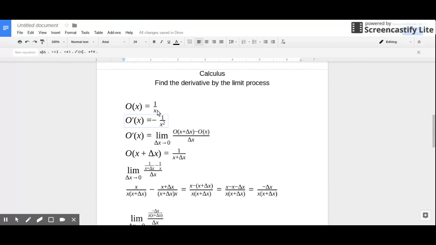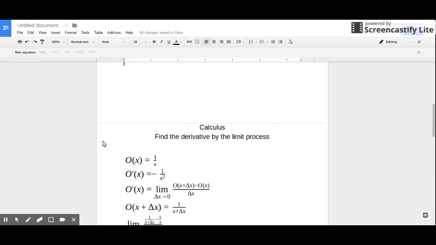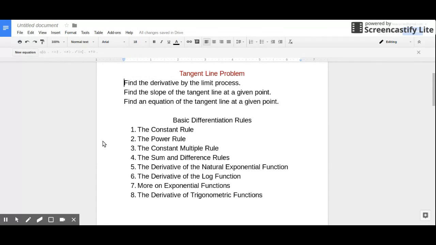In the previous problems, we'd start with an x and get a power one less. In this particular case, we added 1 to the power, but because of that, it was down in the denominator. Okay, so for the next section, I said we do 5 problems in each section. This one was find the derivative by the limit process, so that should get you started there.